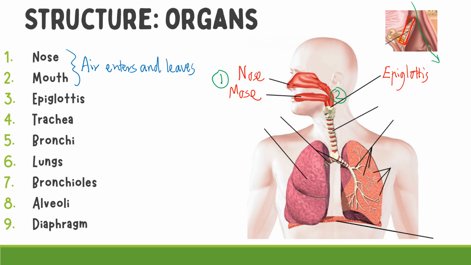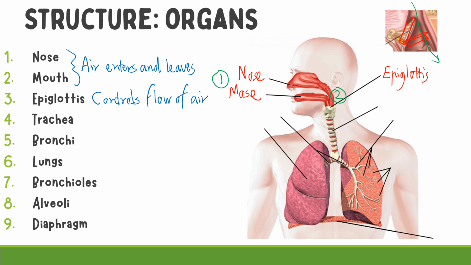But when we swallow, we want food to go not into our lungs because that's obviously dangerous. We want the food to go into the digestive system. So when we swallow, the epiglottis swings shut like a tiny trapdoor. It swings across and then it only lets the food travel into the digestive system, which we've already learnt about. So the epiglottis controls the flow of air and ensures it only goes into the lungs.